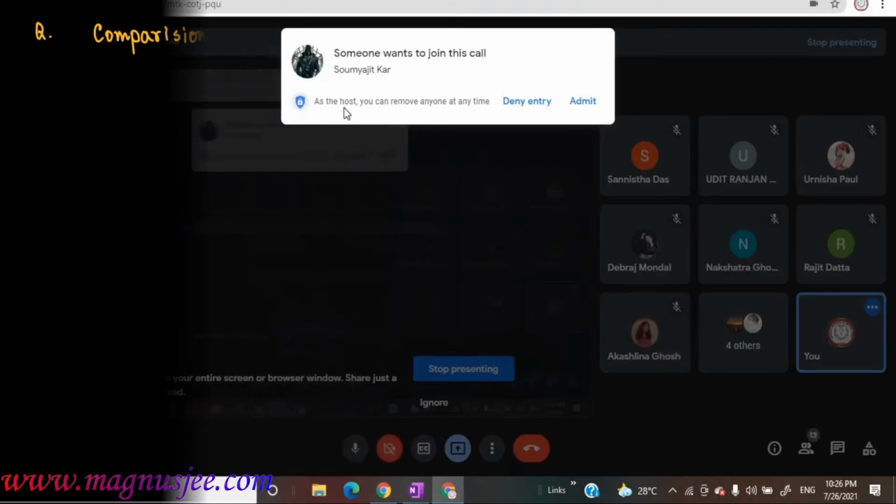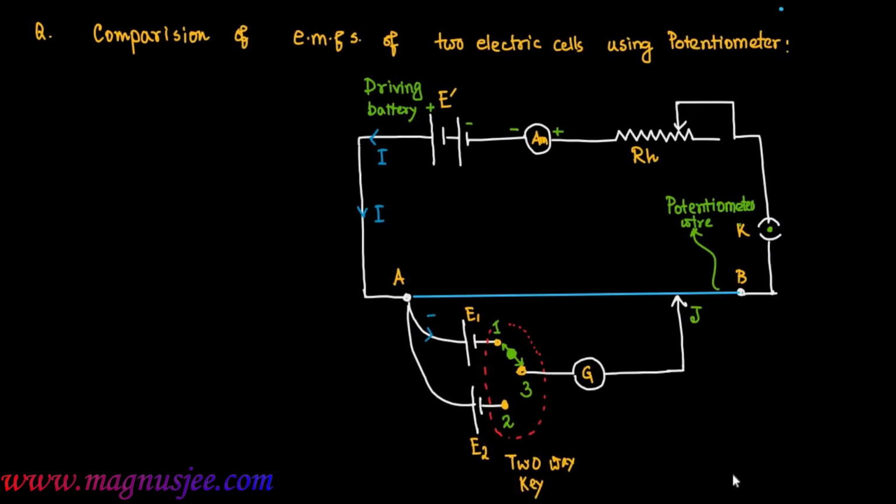And if a plug is inserted between 1 and 3, in that case I prime will be the current which will be flowing through the cell of E.m.f. E1, and that current I prime also flows through the galvanometer G, and it will flow through the jockey, and it will be flowing again through the potentiometer wire AB.